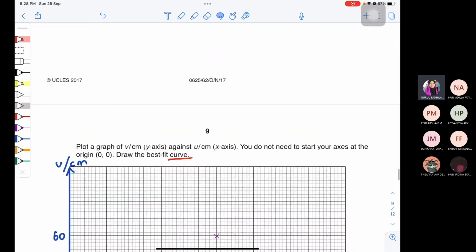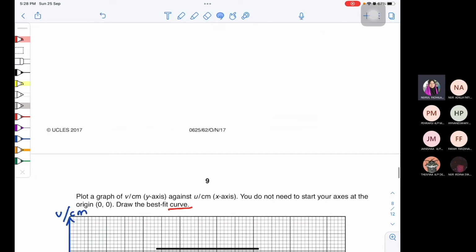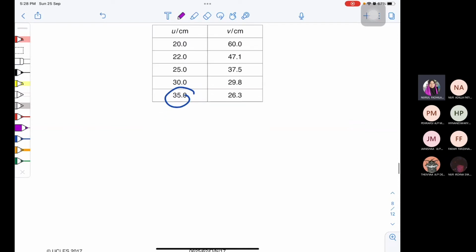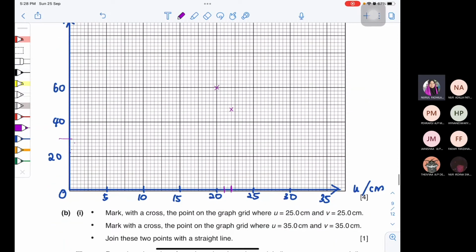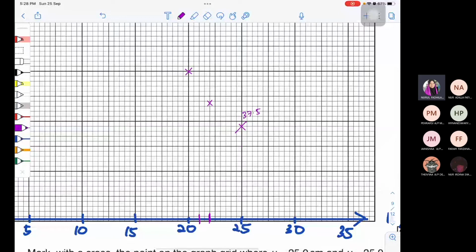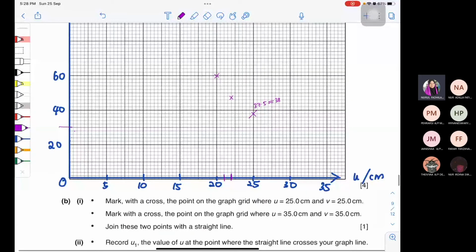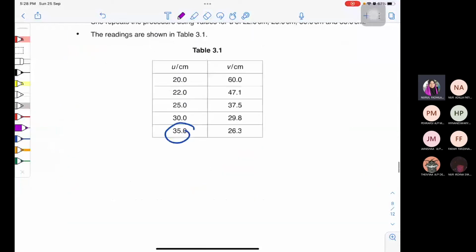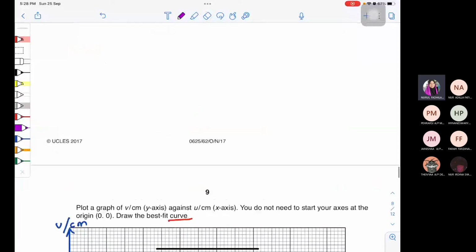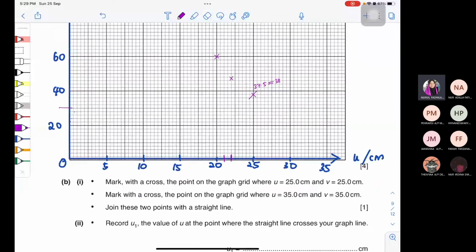Lepas tu kita nak ada berapa pula? 37.5. Mana 37.5? 25, 37.5. Kalau round off, dia similar to 38. So saya just ambil 38. Okay. And then 30, 29.8. So that's 30. 30, 30.